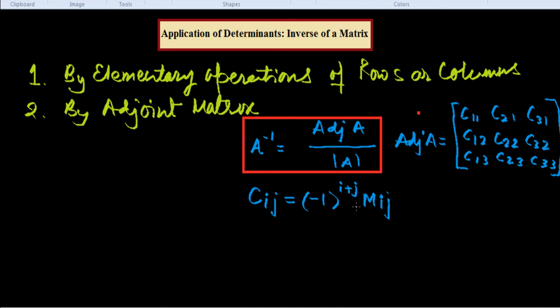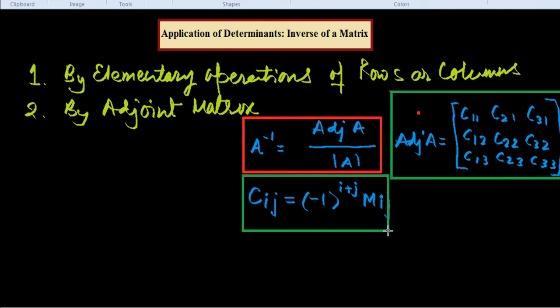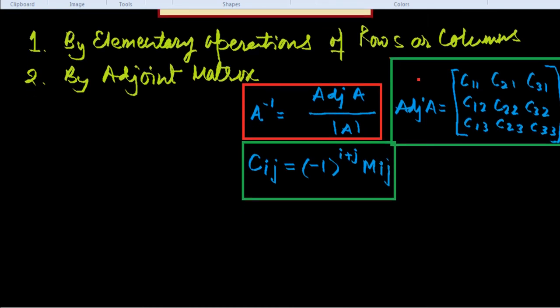So we have to put here Mij, the minor of that element. So these are some formulae which I have written here, and we have to use them for finding the inverse of a matrix.